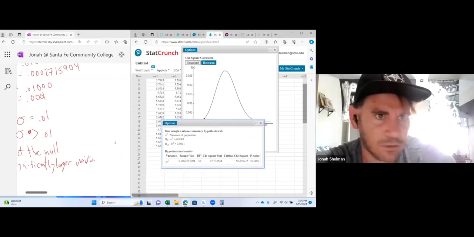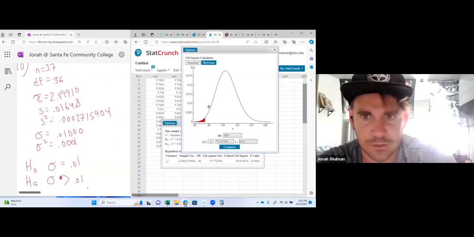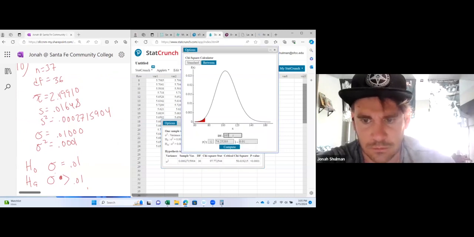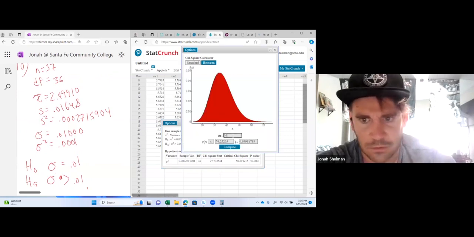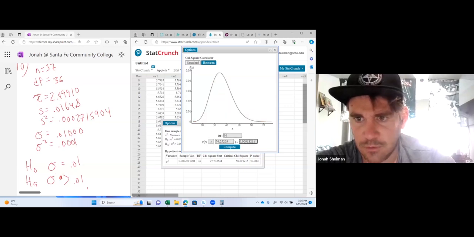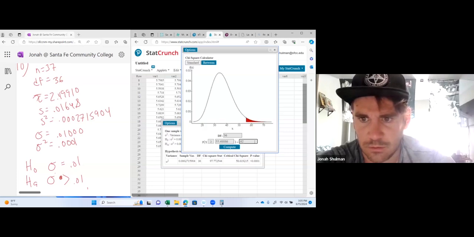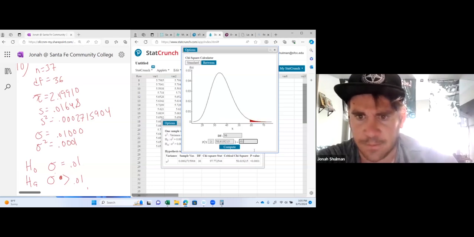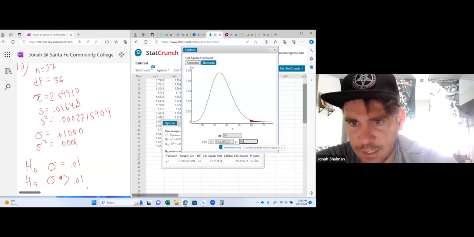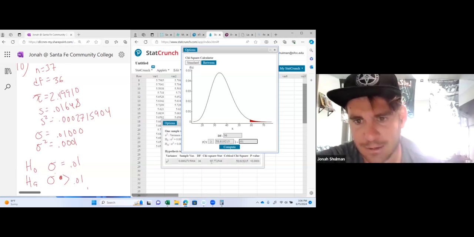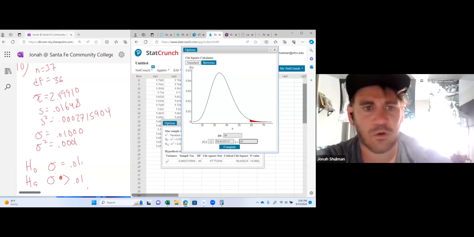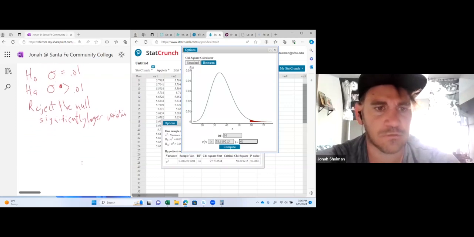But here we go. We have a degrees of freedom of 36. We know that we want to go the other way. So this is where they got the 58.61. See, look, 58.61. Perfect. Now, how do they get the chi-square stat? Well, all they did was plug this into the formula.